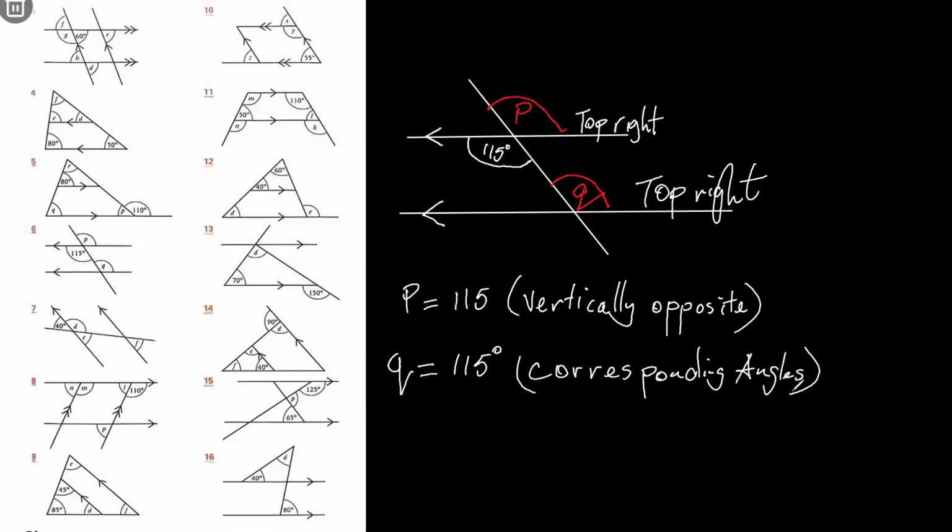It's not corresponding, it's vertically opposite, right? So you could just change that, please, with a pencil. Malachi, go on. So I changed it already. Oh, good. All right, cool.